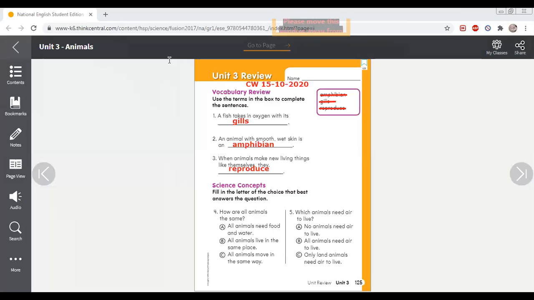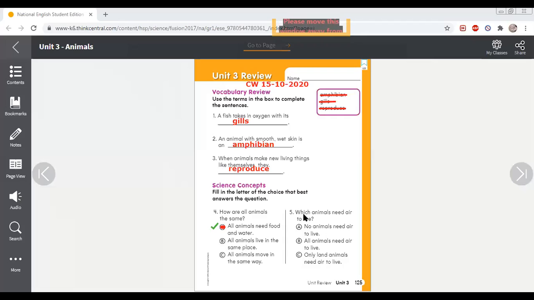So they said it is A. So mark A. So all animals need food and water. You can color number A with your pencil, or you can mark a tick, or you can mark a check. Both are correct.